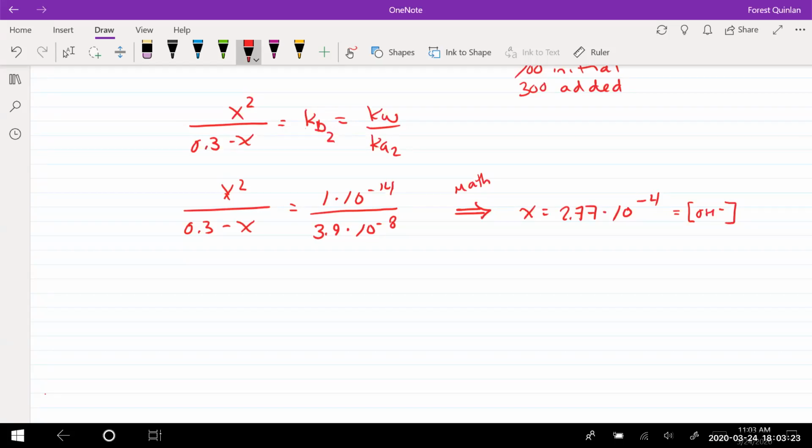Which means we have to solve for the H. I didn't actually do that, but we will end up with a pH equal to 10.44. Does anyone need me to solve for the H plus? Okay.